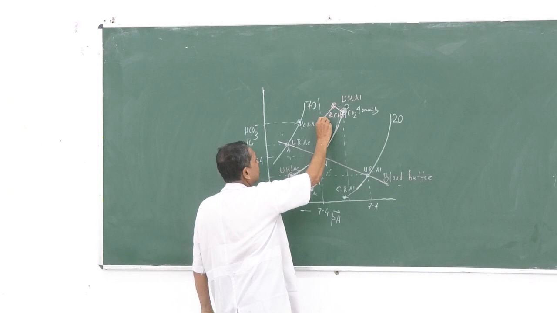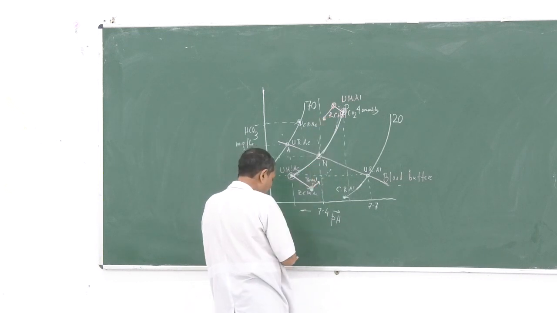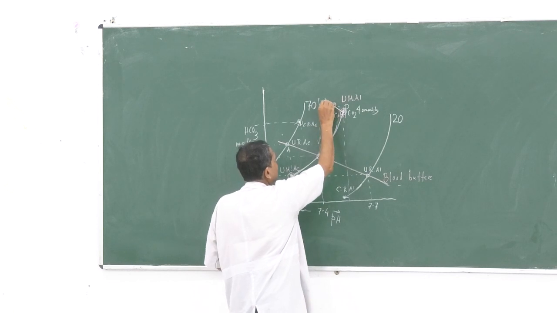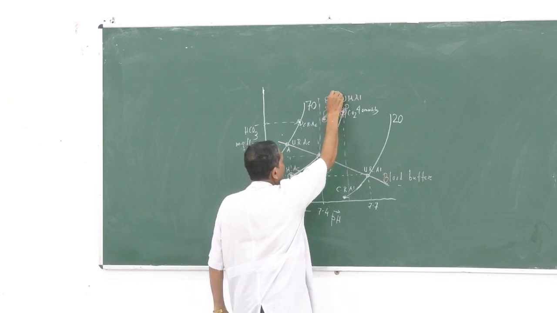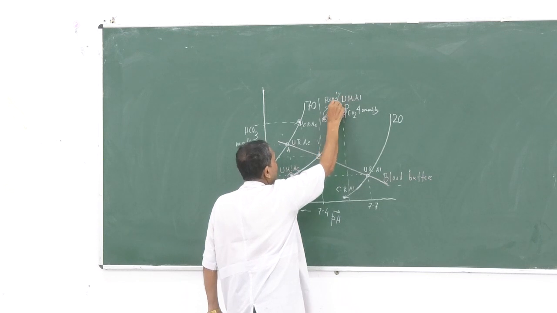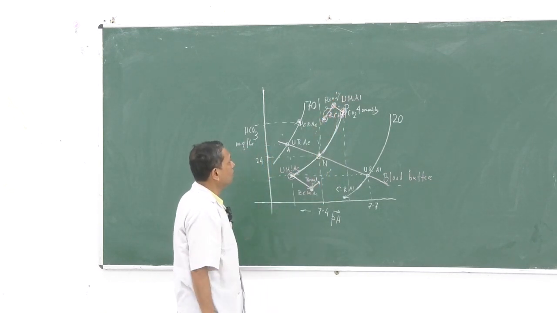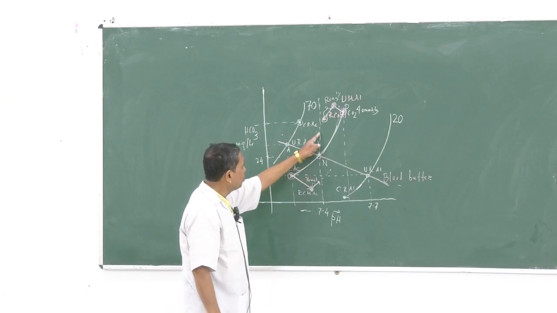It is the renal compensation. This part is the renal compensation. It is operating on another isobar line of CO2. So it is closer to that.